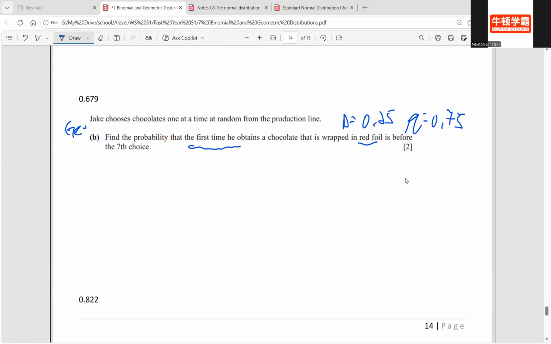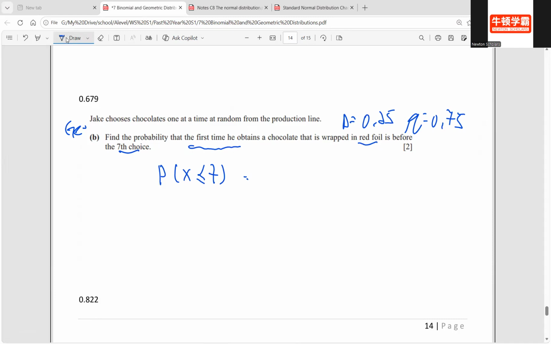He said before the 7, so P(X less than 7) equals 1 minus... Let me see, we are using what?